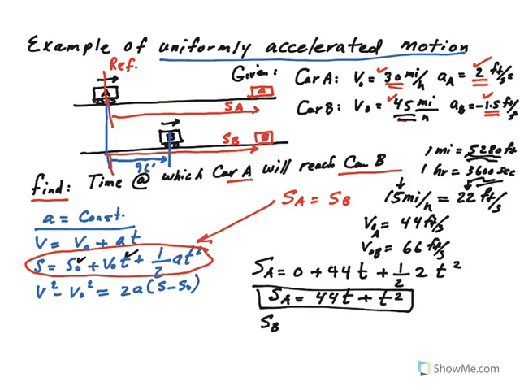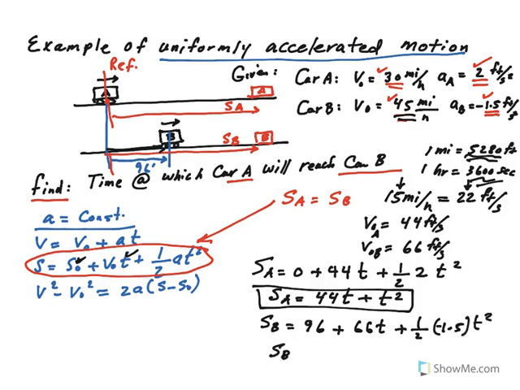Let's do it for S sub B. So what is the initial position? 96, right? Because it's 96 feet ahead of car A. Plus the initial velocity of B, which is 66 feet per second. And this guy, remember, is decelerating at the rate of 1.5, so it's a negative.